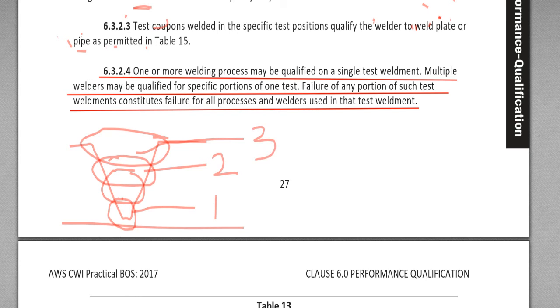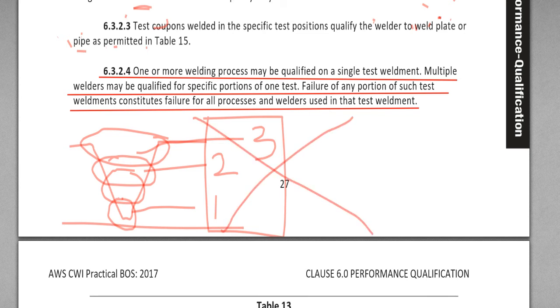This is possible, but if any of these welder number 1, 2, and 3 fails the qualification test, this whole qualification test is not acceptable. This is 6.3.2.4.